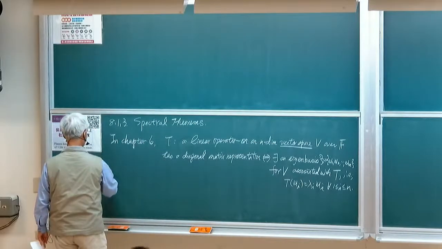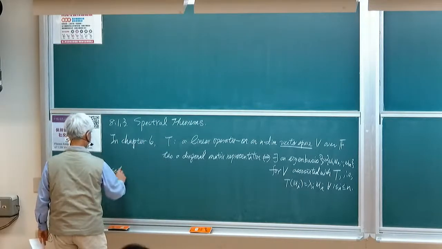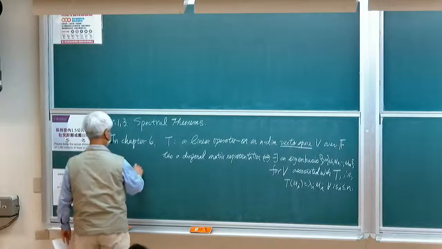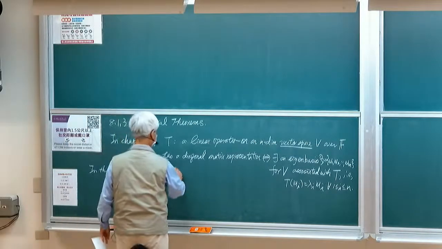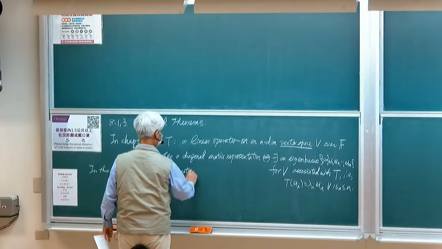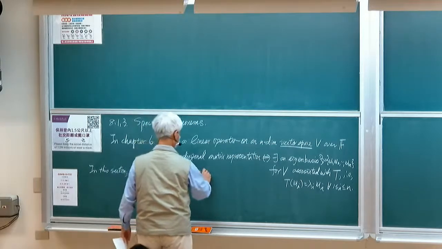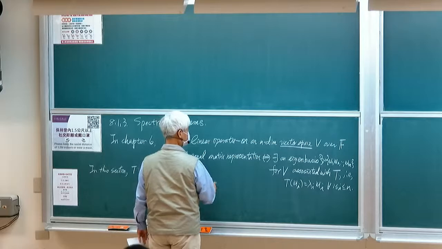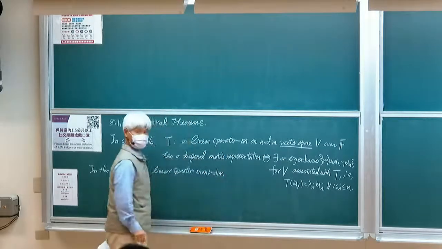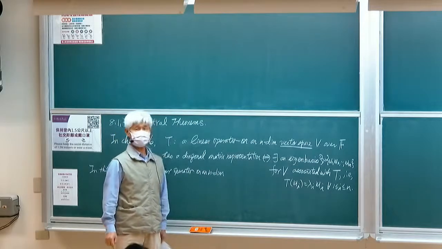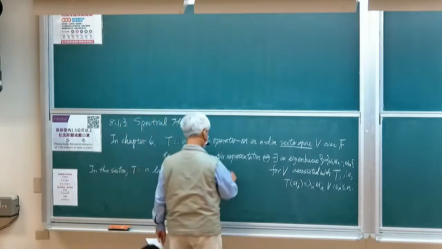Now in this section, T is a linear operator on an n-dimensional vector space. This time, in addition to the vector space structure, we have an inner product.